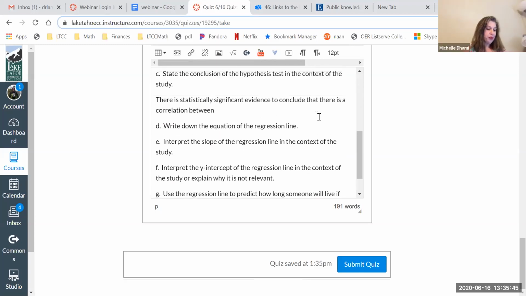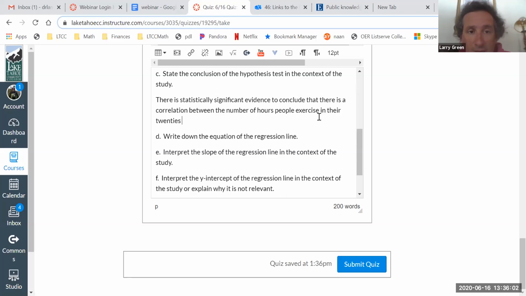So between the number of hours people exercise in their 20s and the age when they die. Any questions on that? Any questions?